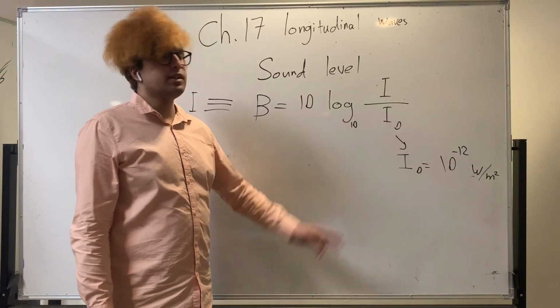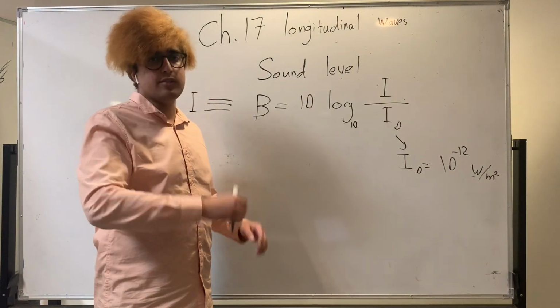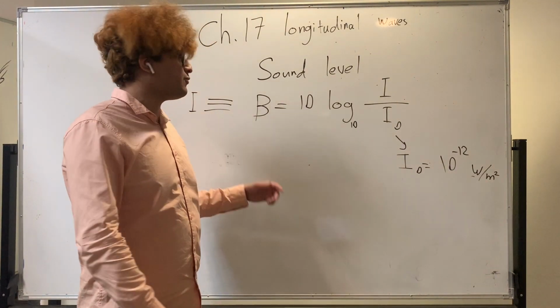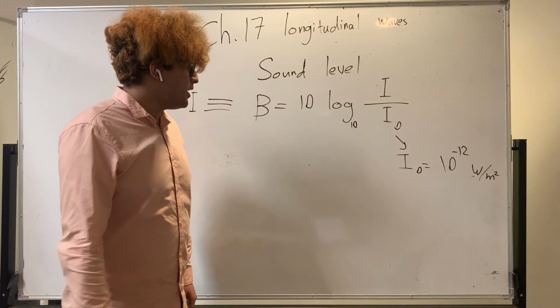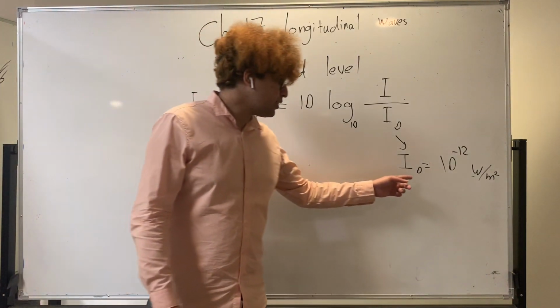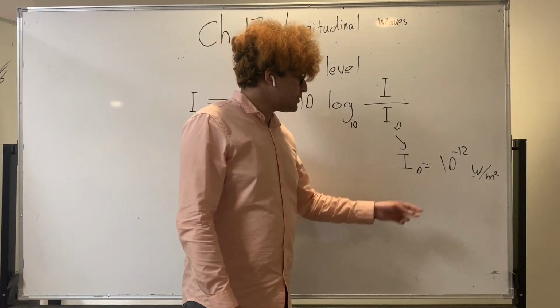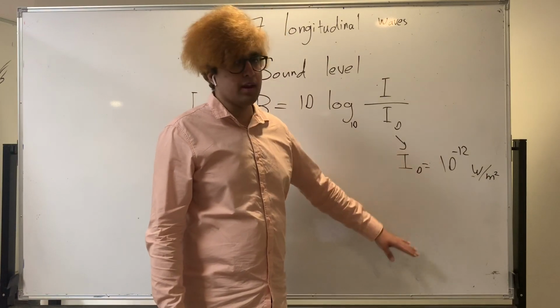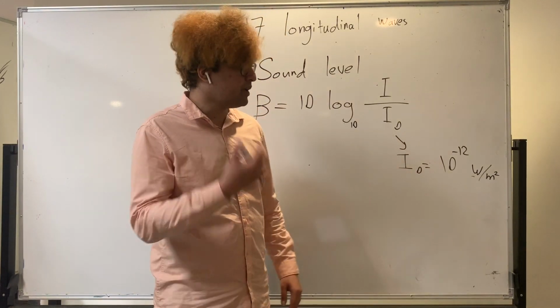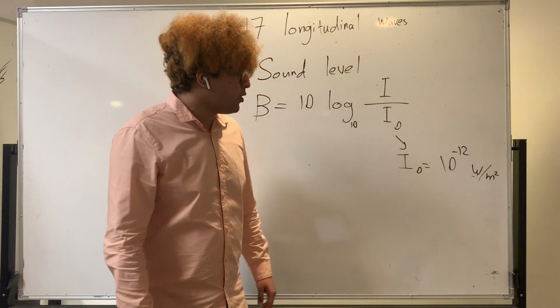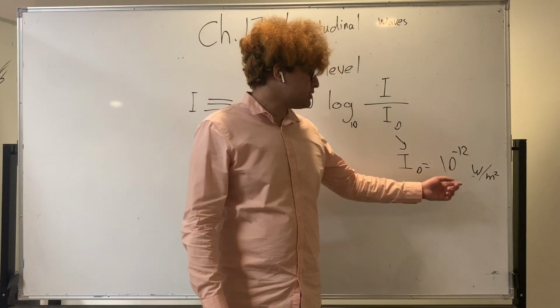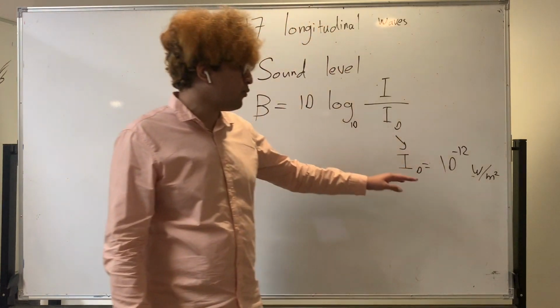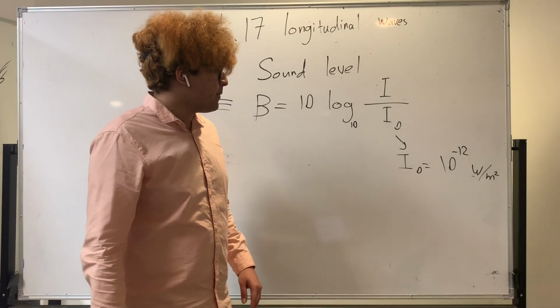We have invented this way to make it easier for us to understand intensity. So we have something called reference intensity. Reference intensity is very near to the lower limit of the human hearing range. So any intensity that is lower than this, we possibly cannot hear.